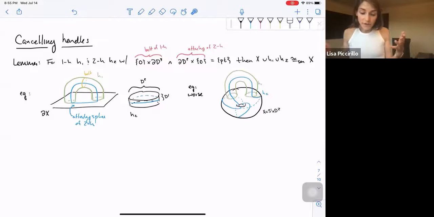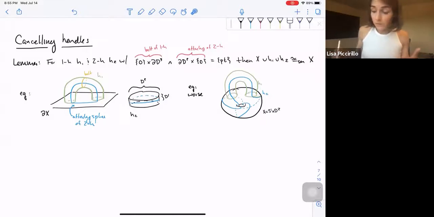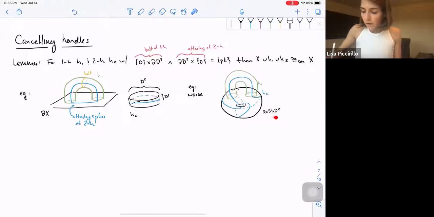So that's supposed to be why this lemma is kind of obvious. But I don't find this tremendously convincing, because even in 3 dimensions, I don't think this lemma is super obvious. Let's look at this example over here. We start with a 3-manifold X, which is a solid torus, and we attach a 1 handle. And I'm telling you to attach a 2 handle along this blue curve. This blue curve has its attaching sphere running once over the handle, so it hits the belt sphere 1 time.